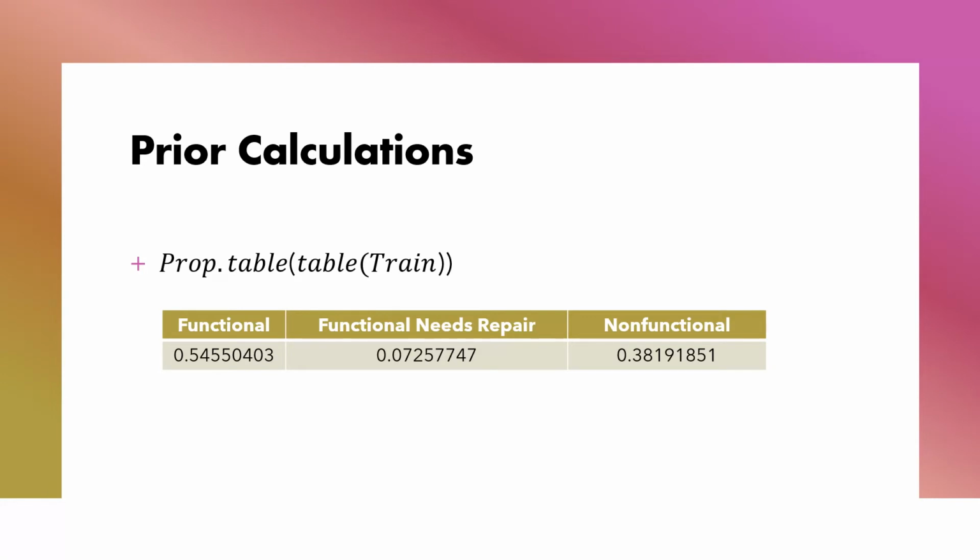And so here I was able to do the probability of train of the status group. As we can see, a majority of them are functional, a little need functional needs repair, and then a large chunk are also not functional.